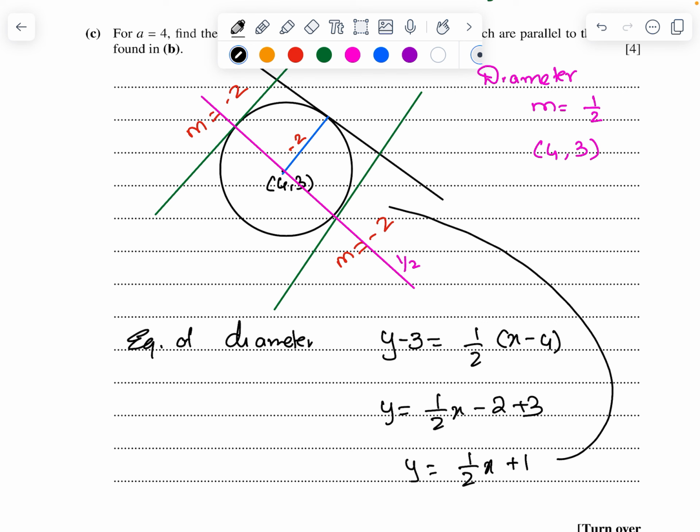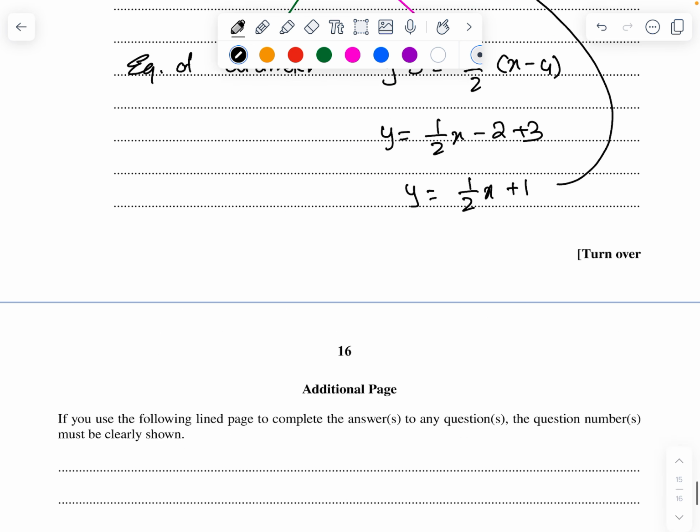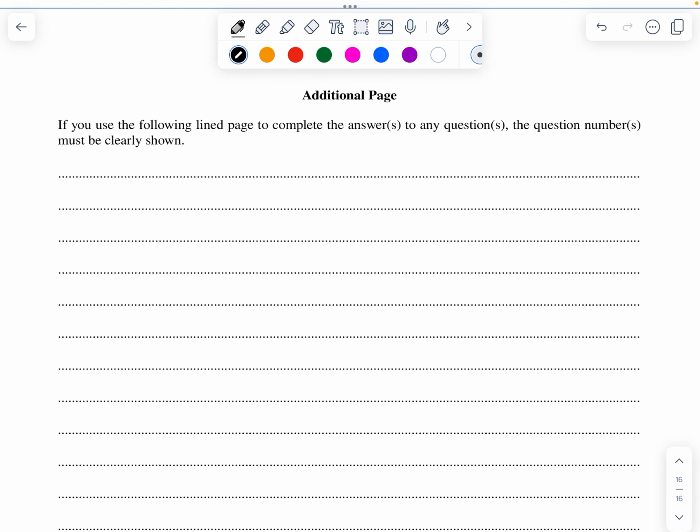Now plug that into the circle equation where it is meeting. So it becomes (x minus 4) whole square plus (half x plus 1 minus 3) whole square equals 20.